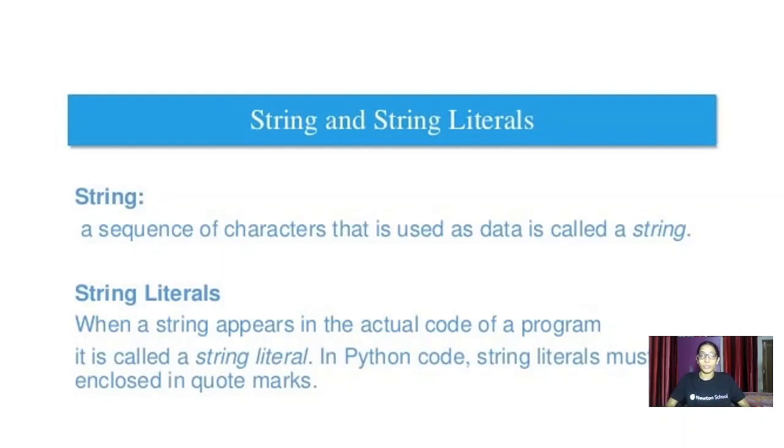String literals are the actual code, the part of a program where something is to be executed. All Python string literals are written in quotation marks, whether single quotation, double quotation, or triple quotations.